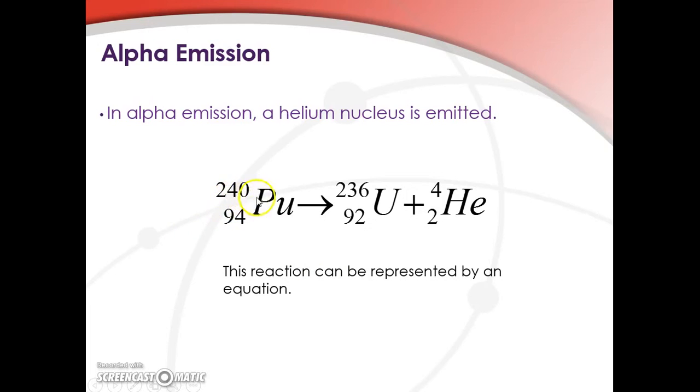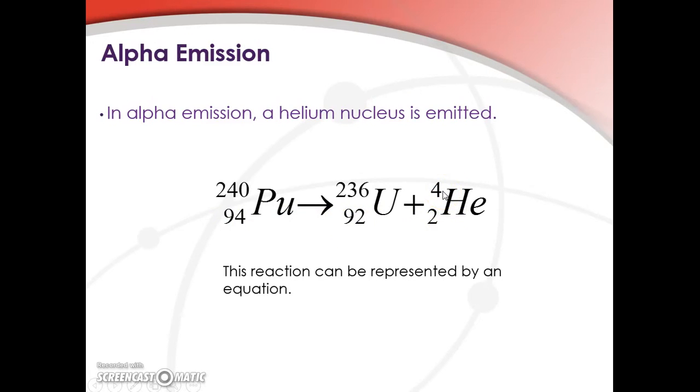So, the top left, of course, is our atomic mass. Bottom left is our atomic number, or number of protons. And we can see that when plutonium decays to uranium-236, it loses 4 mass units and it loses 2 protons.